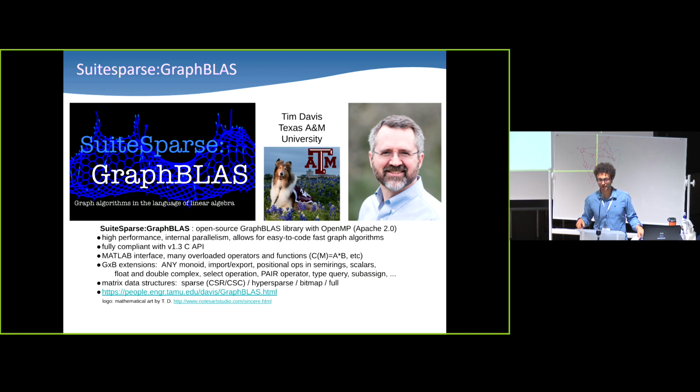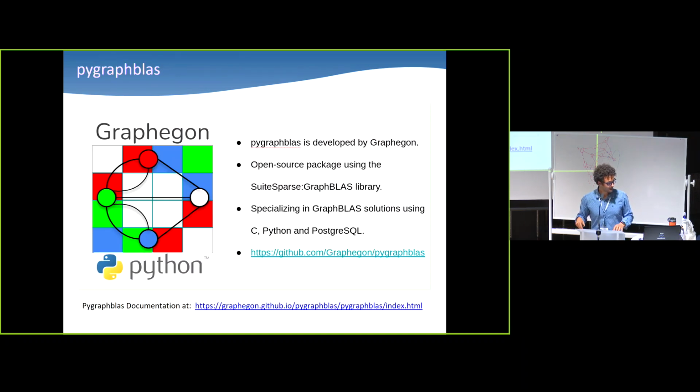As soon as we update the API, he will actually make it conformant to the API. And the Python version is actually developed by a small company called Graphigeon. I don't know if the pronunciation is correct. And they're also the number one thing we use. It's essentially a good wrapper around Tim Davis's code, right?